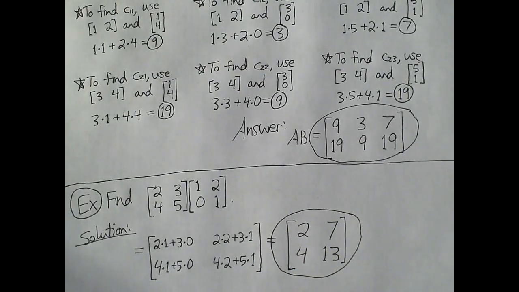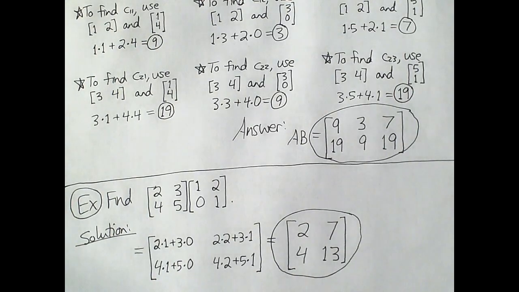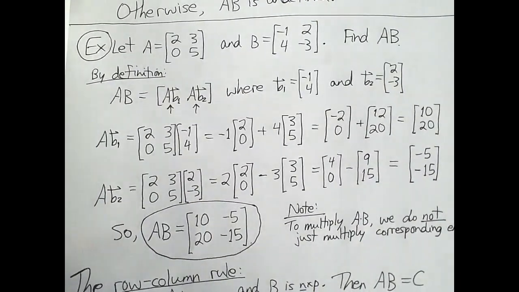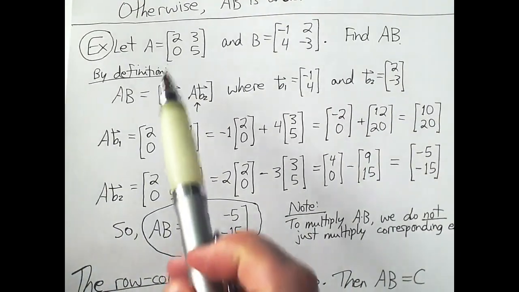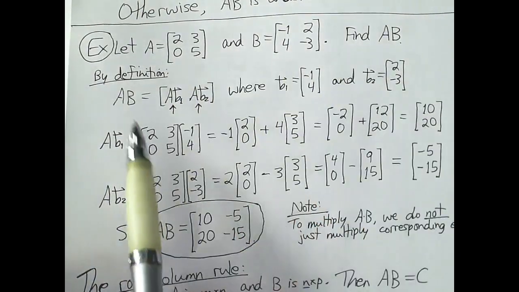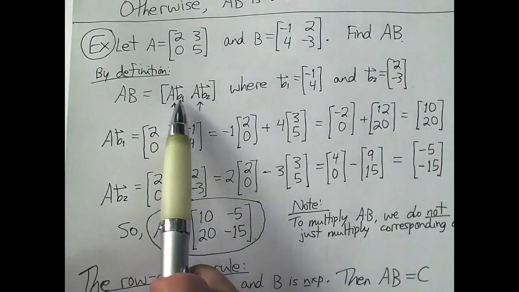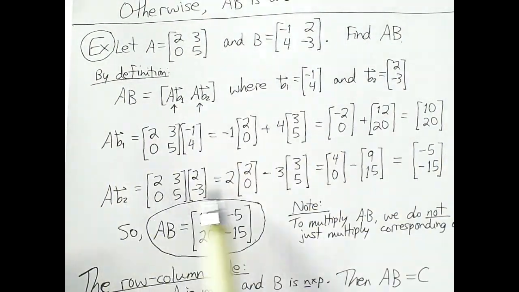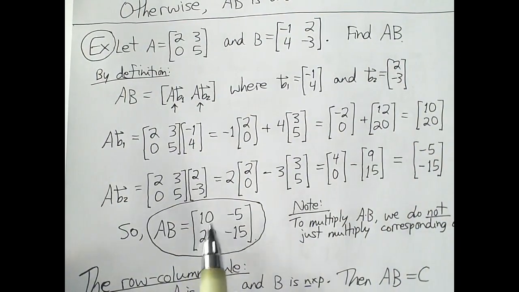I also want to tell you that what we've been doing in these 2 problems is equivalent to this problem that we did. Remember earlier when we had the actual definition of matrix times matrix, and we said you do AB1 and you find a column, AB2 and you find a column, and then you put them together.